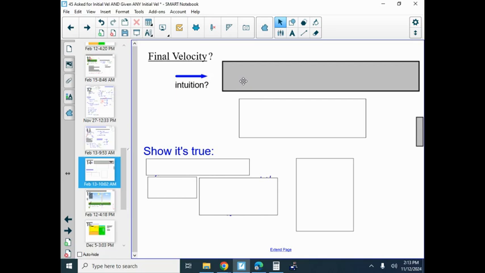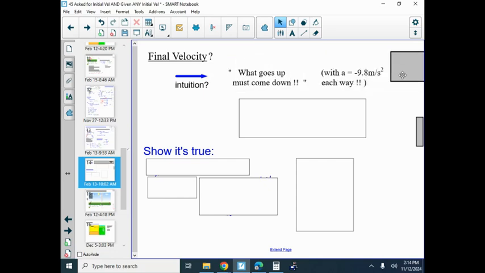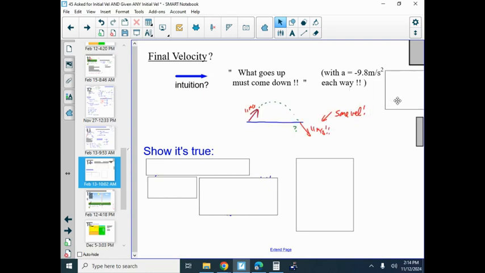Final velocity. So intuition should be, of course, that we end up with that same velocity at the bottom as we started with. So basically, we should have 11 meters per second, right? And think of the angles. To show that it's true, we know we have the horizontal velocity still.